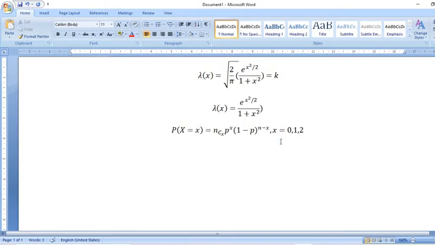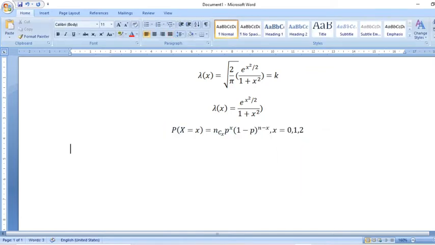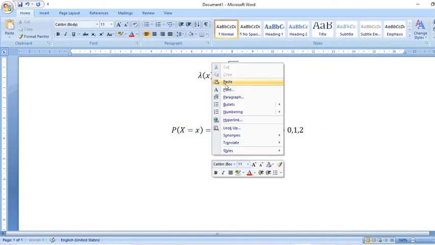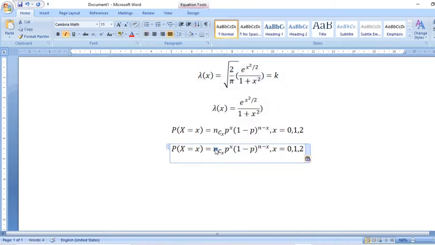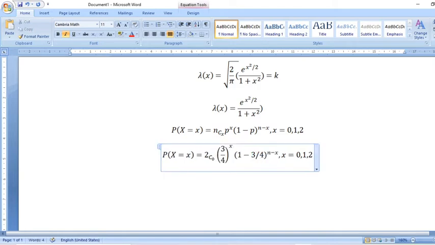What will be the answer? Now instead of n we can use 2C0, p is 3 by 4, that means 0.75 raised to 0; we can use the notation 3 by 4 raised to x. Here we use 3 by 4 raised to 0, and (1 minus 3 by 4) raised to 2 minus 0.